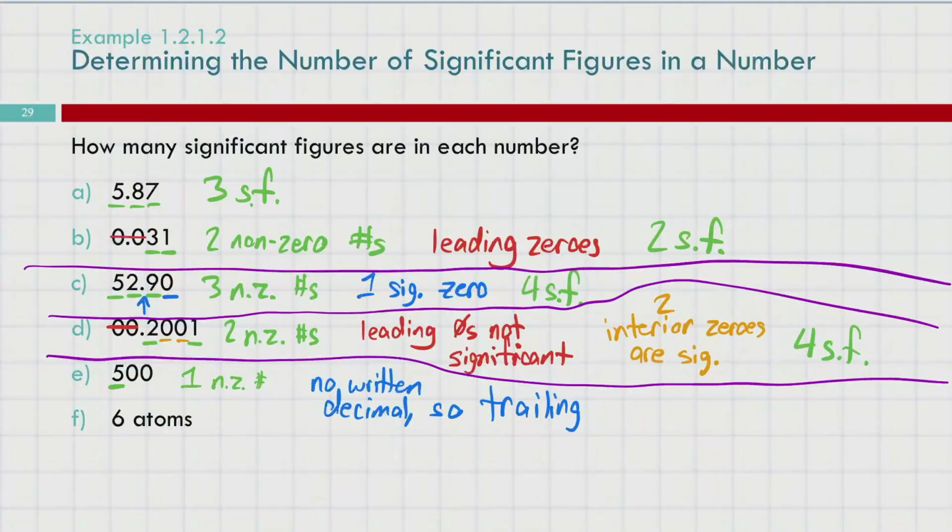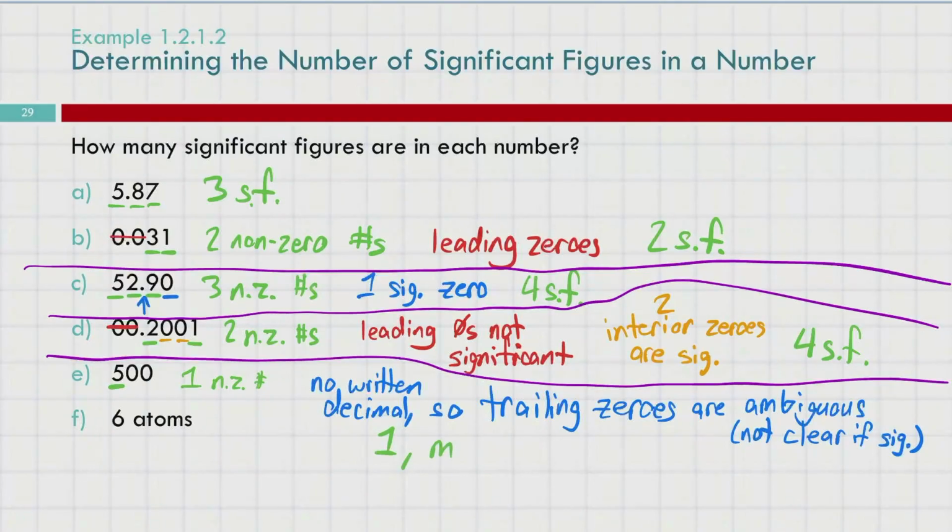It's not clear if they're significant. So we've got at least one, maybe 2 or 3 significant figures.